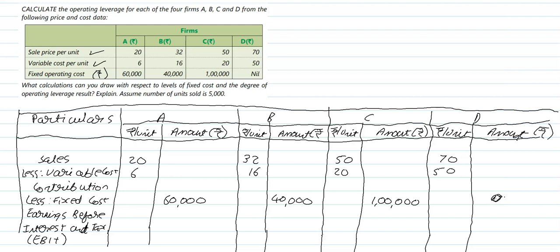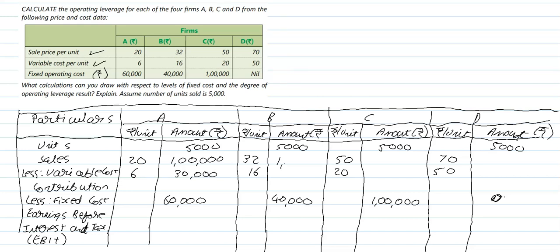Now, going forward, we know that in each of the cases, the units involved, and let's just put units as a line item here, we're talking about 5,000 units. Now, multiplying 20 into 5,000 should give us a lakh. 6 into 5,000 will give us 30,000.